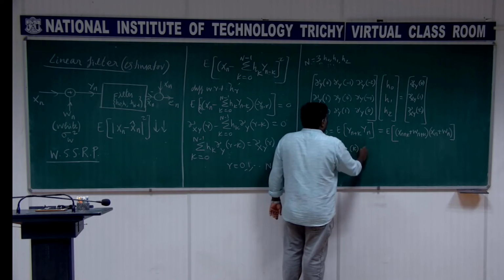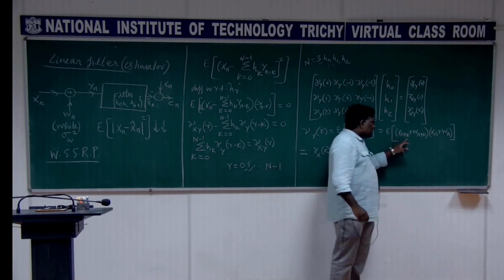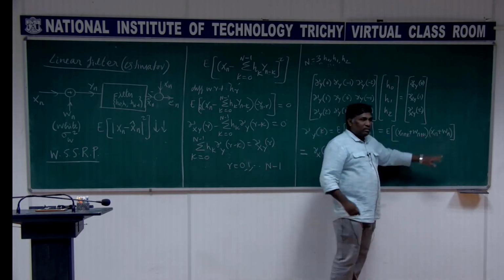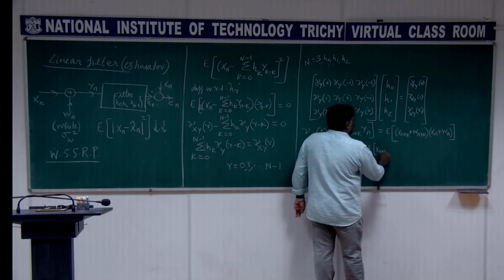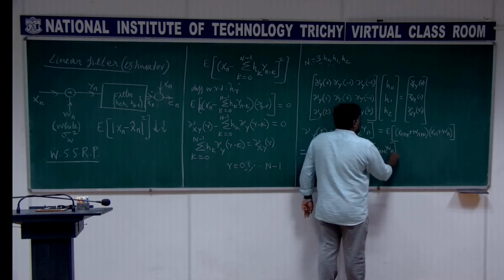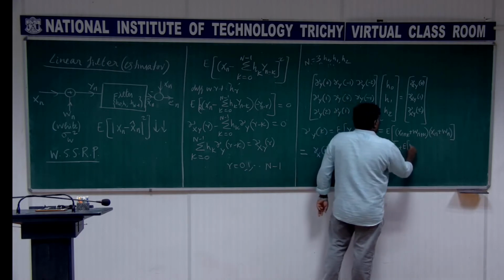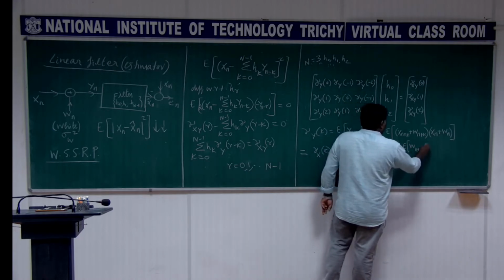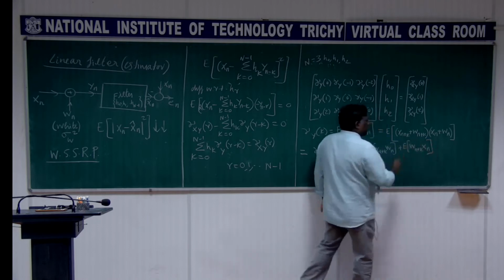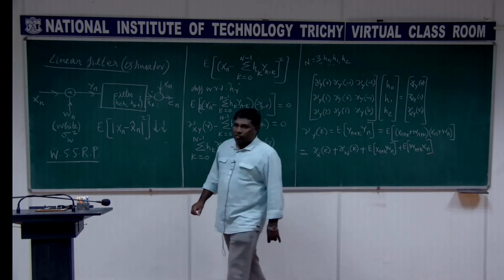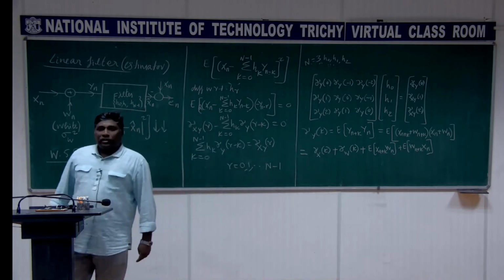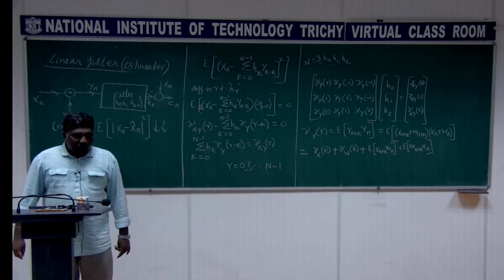But for the terms xn plus k wn, which is one term, and wn plus k xn, which is another term, remember that these are random variables, and they are independent.